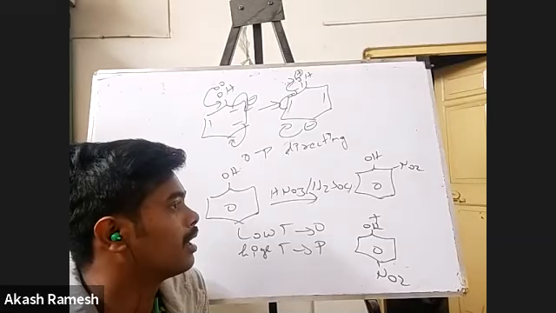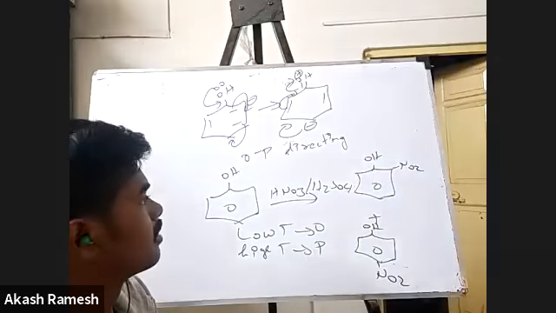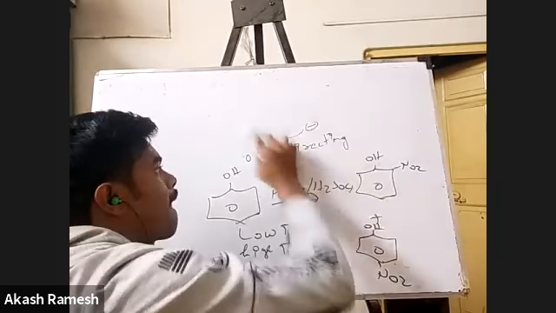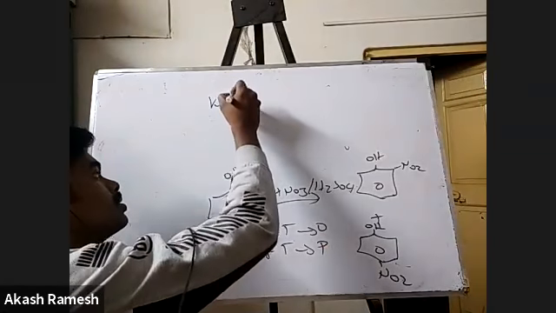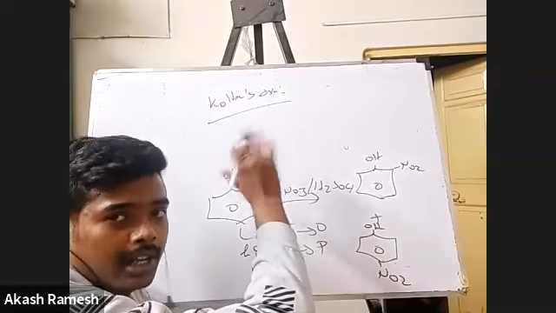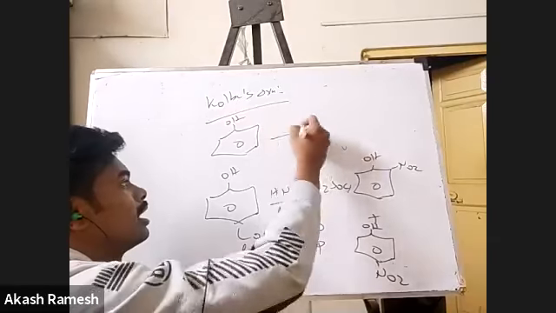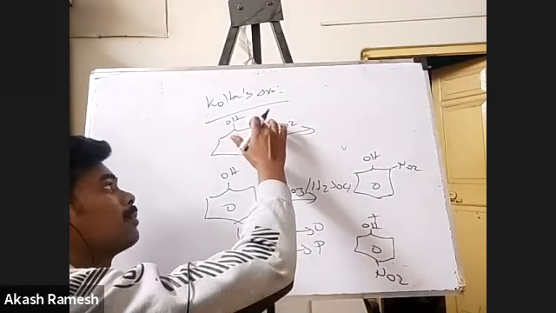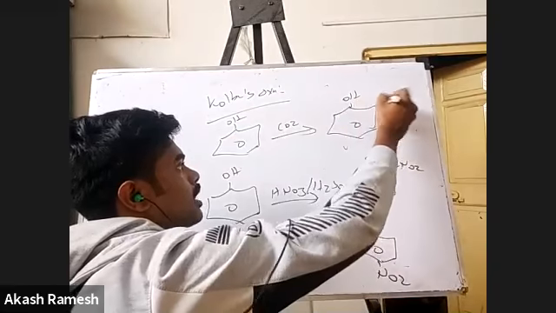Next, I have one reaction called Kolbe's reaction. I think this reaction is there in NCERT, I'm not sure. If you have phenol and you react it with CO2, what will happen is at the ortho position you'll get COOH.